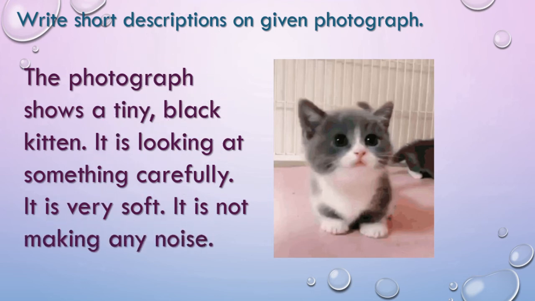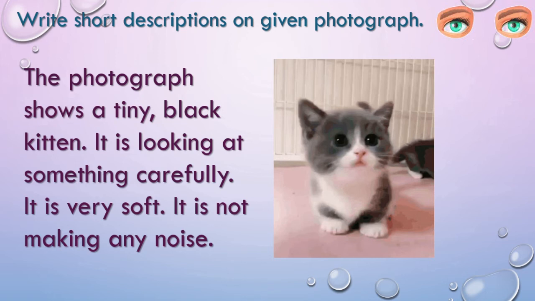It is not making any noise. See, our eyes said that this is very small or tiny, correct? And black in color. And it is looking at something carefully, means what is the action? It is simply standing and observing something carefully. That was told by our eyes, right?